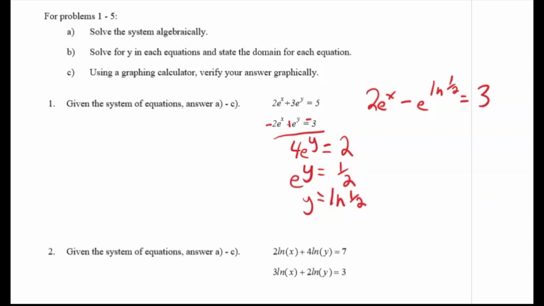So to solve now for the x, we need to simplify this. E to the ln of 1/2, the e and the ln will cancel each other out, and we'll be left with 2e to the x minus 1/2 equals 3. And then continue to solving. This is 6/2 plus the 1/2 will be 7/2.